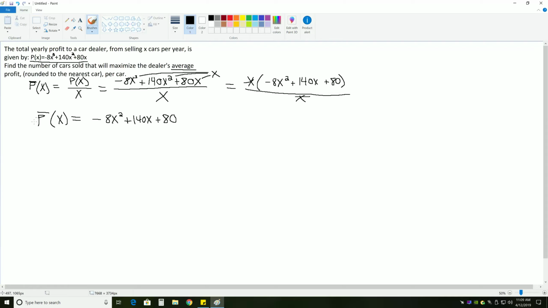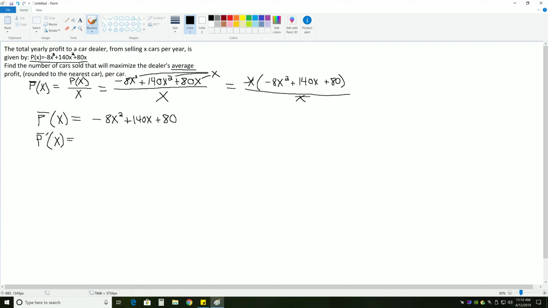This is what we are maximizing. We're not maximizing P of x, but we're maximizing P bar of x, the average profit. So in order to find the number of cars that maximizes it, we're going to take P bar and find its first and second derivative.